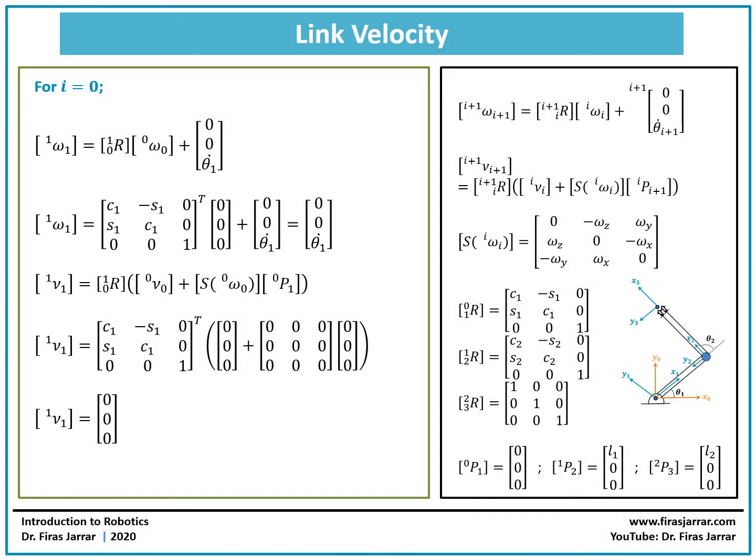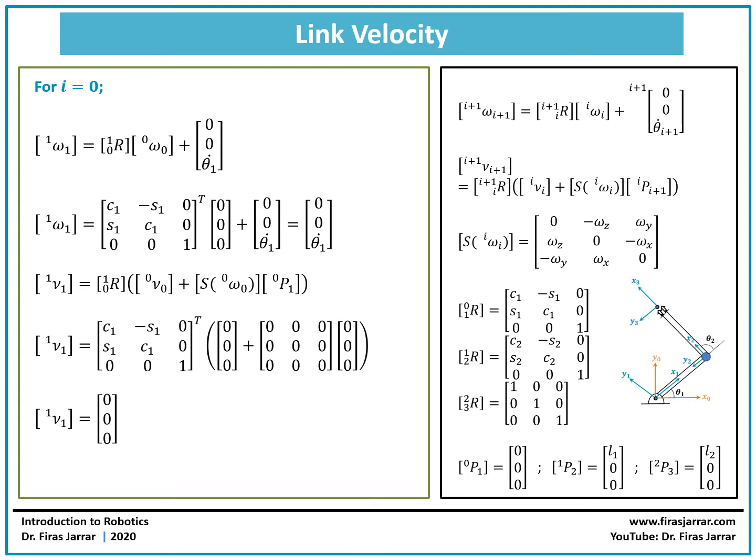In this slide and in the following ones, I have divided the slide into two sections. The section on the right would contain the same information for all of the slides. It would contain the formulas, in this case for the revolute joint. This is the formula for the angular velocity.